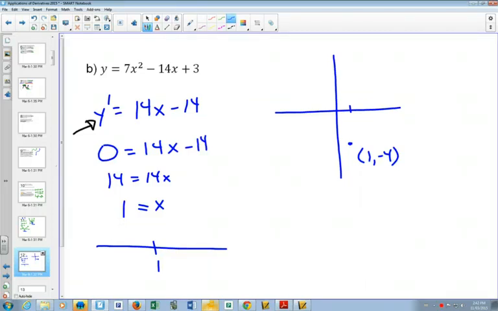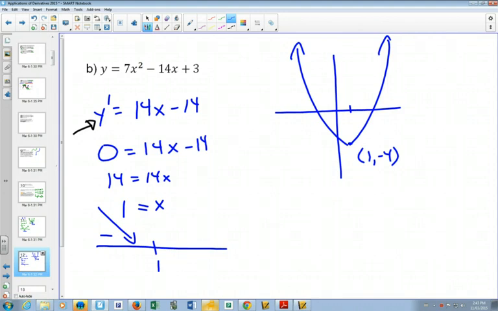So if I choose a value less than 1, say 0, and I plug 0 into here, 14 times 0 minus 14, I'm going to get a negative number. And anytime your derivative is negative, that means your slopes are negative. That means your equation is going down. Now we already knew this because it's a parabola, and so our graph from left to right should be going down.